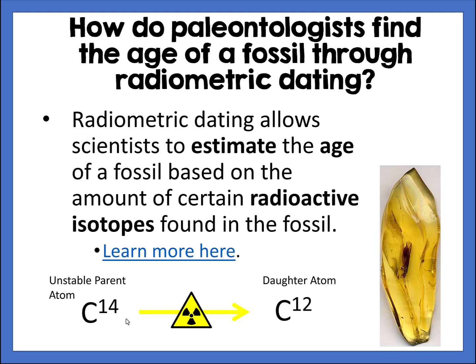And if we can measure the rate that it decays over time into another form of that element, then we can figure out how much of each of these types of elements there is, and that will help us to determine how old a fossil is, because this is happening at a consistent rate.